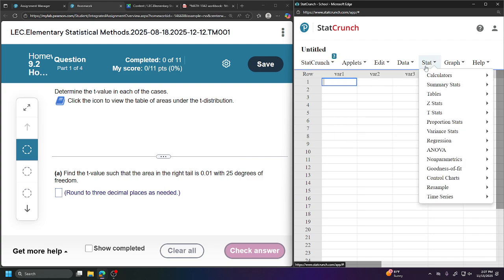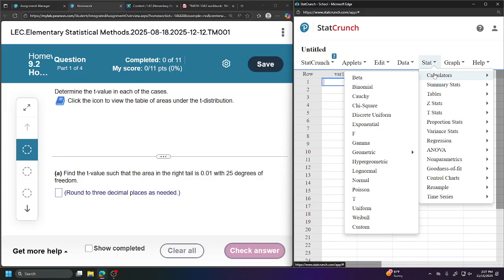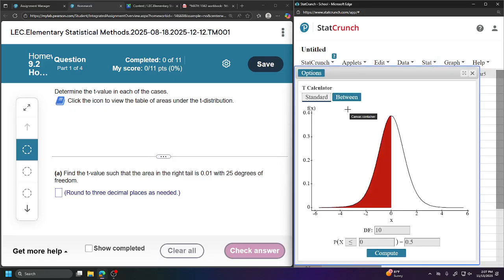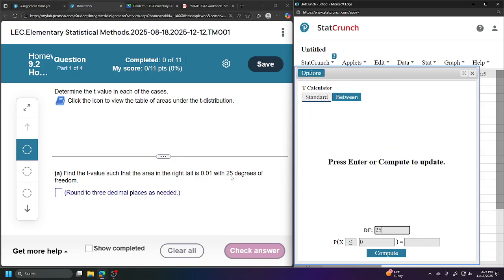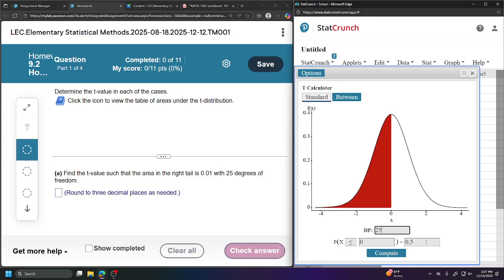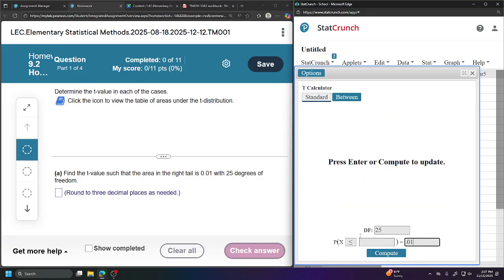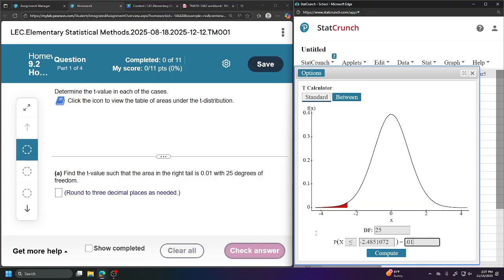So here we go. Stat, calculator, T. There were only the two places we talked about today. This is the first one. And it says on the right side, I want the 0.10 or whatever. Now, it says 25 degrees of freedom. 25. I put it in there. And then I want this to be 1%. But what is this? Is this on the right side?